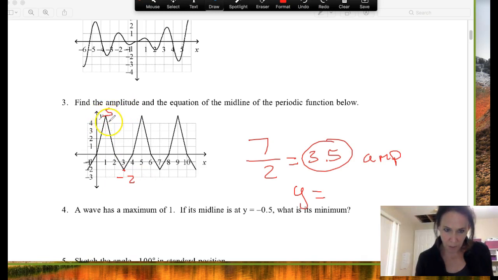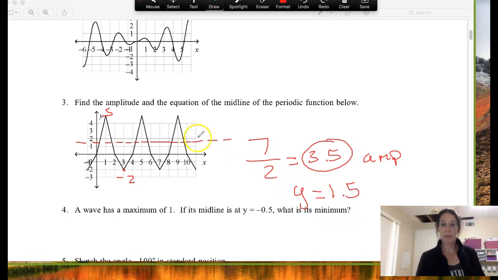From 5 we're going to go 1, 2, 3.5 right here. This is the equation of the midline. Remember, the amplitude is above and below the midline. So 3.5 above to here, 3.5 below to here. So here's the midline, and it's about 1.5. So it is at 1.5, not about. y equals 1.5. That's your midline. So there's your midline, there's your amplitude.